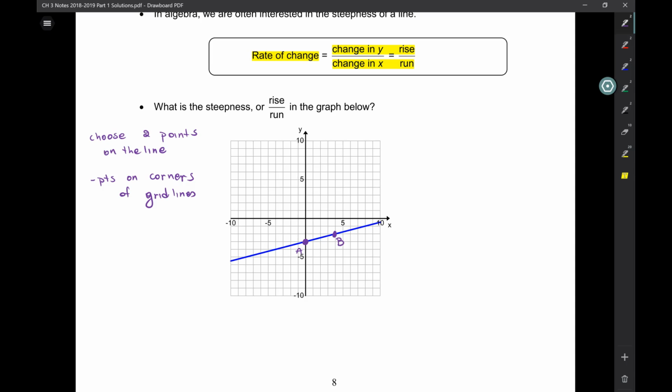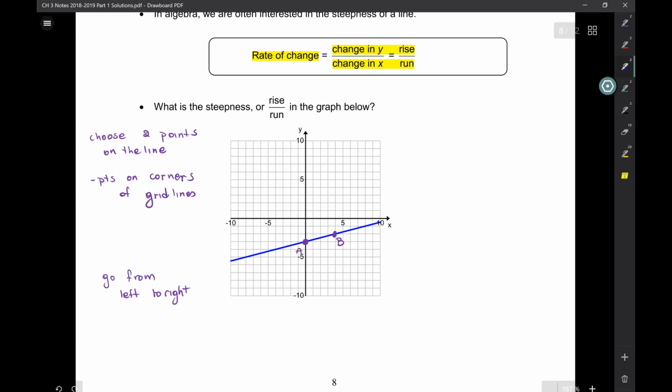Between A and B, which point is further to the left? Yeah, A is further to the left. So I start from A and go to B, okay? So go from left to right, because if you go in the opposite direction, your sign will be different.